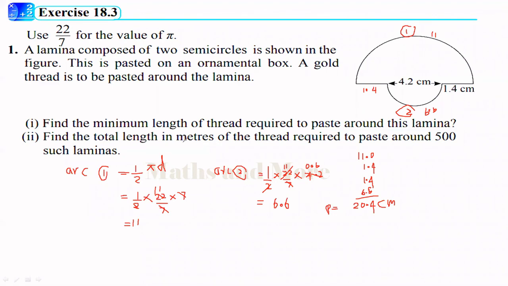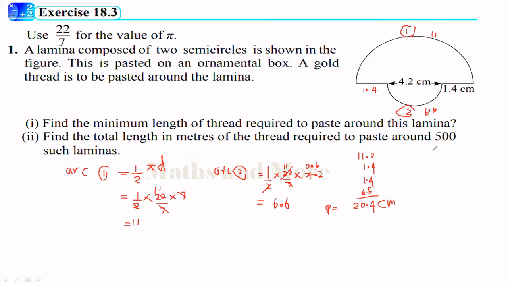Second question: find the total length in meters of the thread required to paste around 500 such laminas. There are 500 such laminas. Can you remember the sport meet? You made some badges, no? Think this is like a badge.